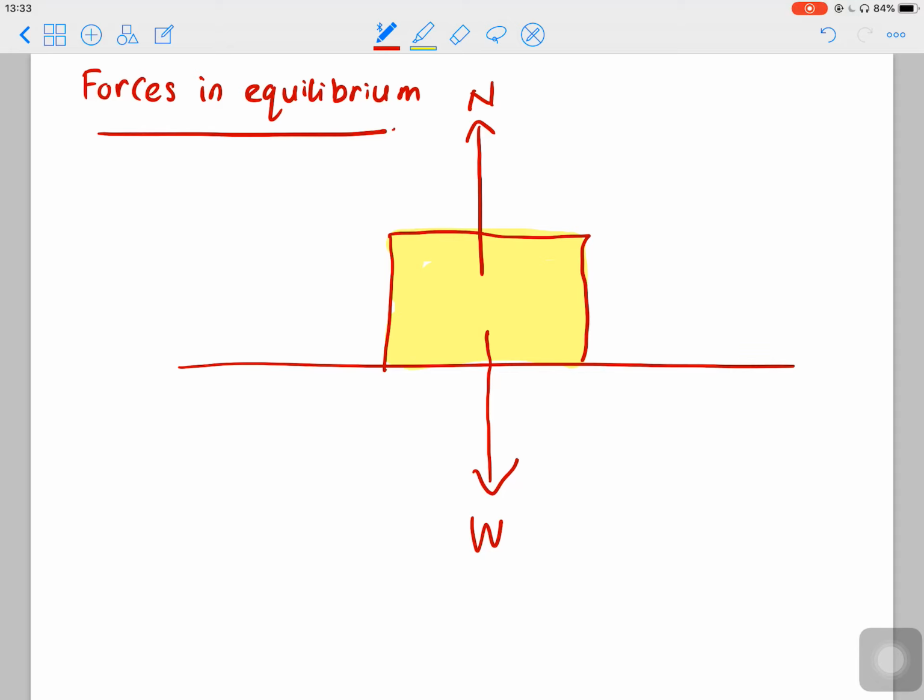All right, so now let's say we have a force applied to this object. Let's say the force is F. This F is the applied force. Maybe we want to pull this object towards the right.